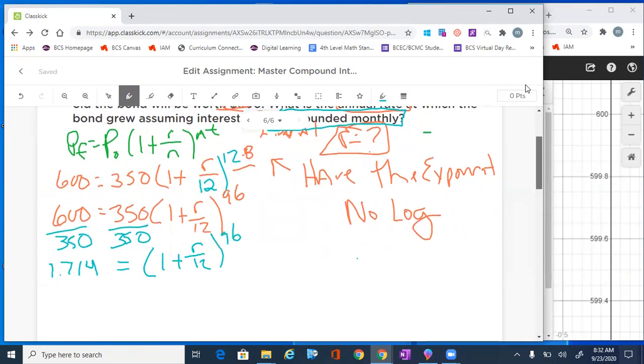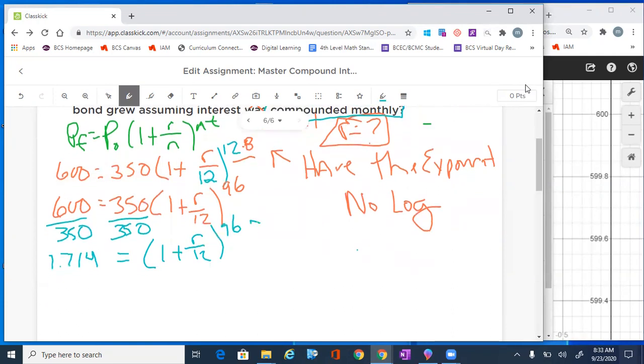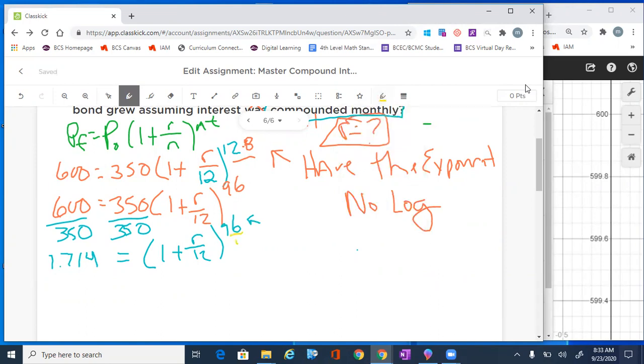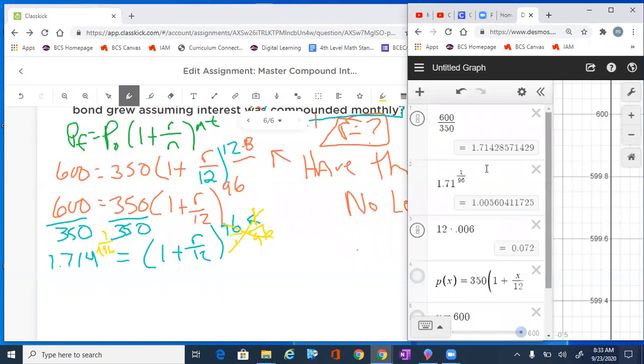Now, in order to get rid of this 96, I need to get that value to 1. And in order to do that, I'm going to recognize that's 96 over 1. So I'm going to multiply by 1 over 96. I'm going to use the reciprocal. And what I do to one side, I do to the other, except I'm going to put it in the exponent. So that all crosses out, and I'm at 1.714 to the 1 over 96 power.